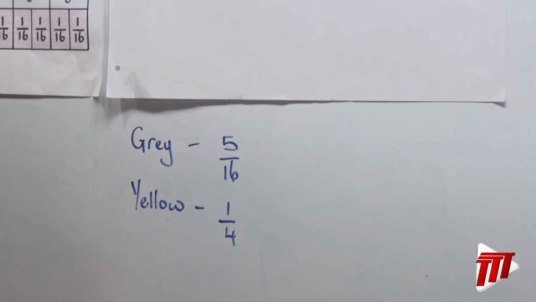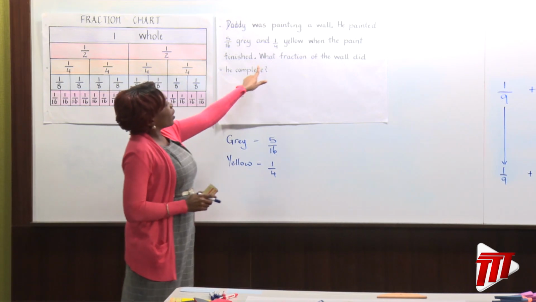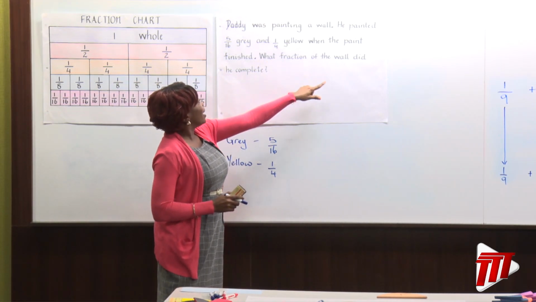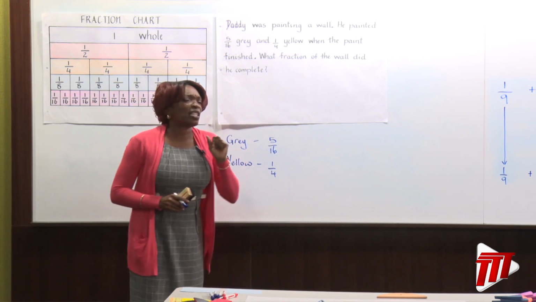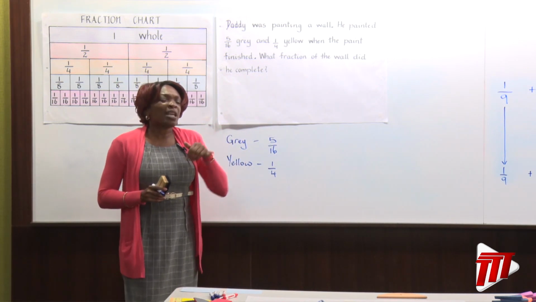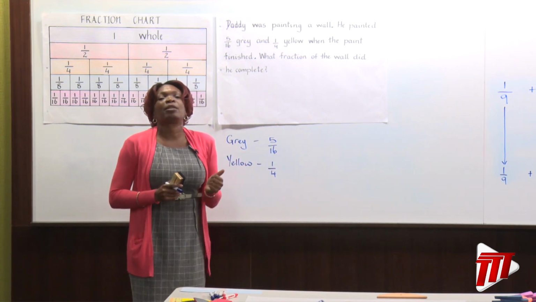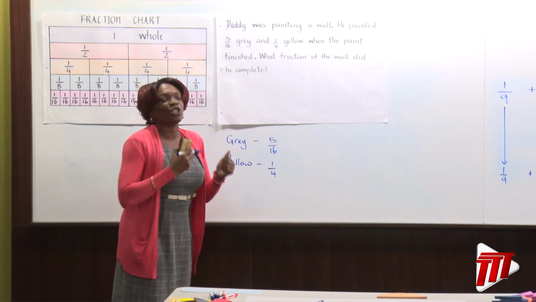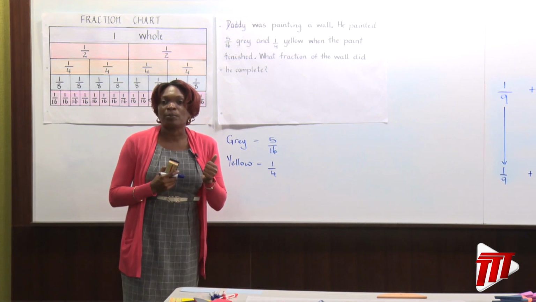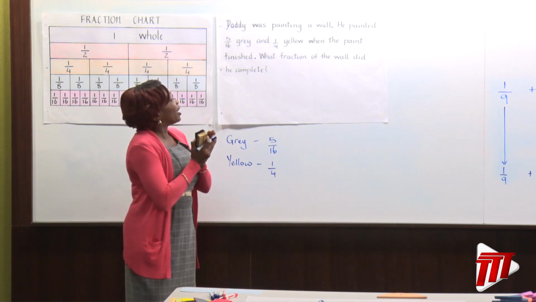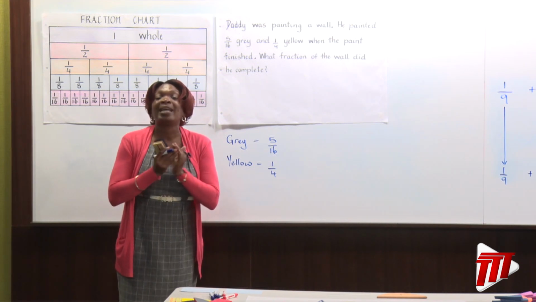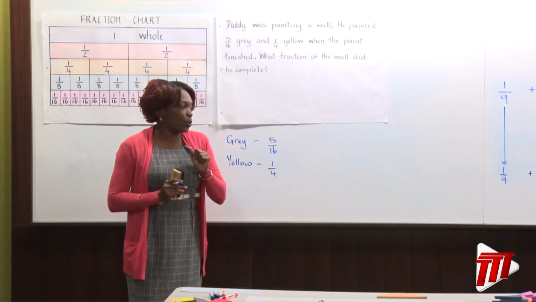What is the question asking? What fraction of the wall did he complete? To answer this question, we have to put the fraction that Daddy painted gray together with the fraction that Daddy painted yellow. And when we put those two together, we add them to find out what fraction of the wall Daddy completed. Let's do that now.